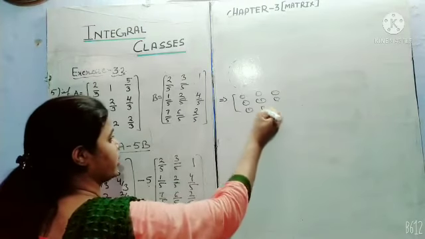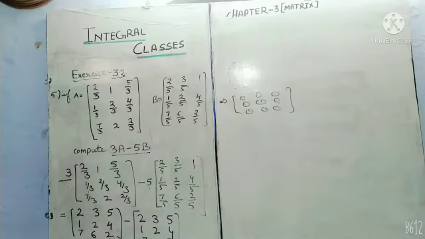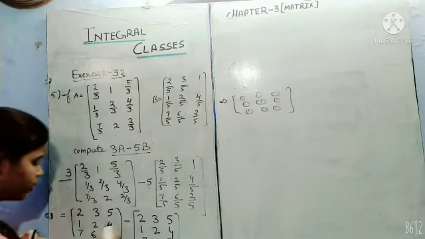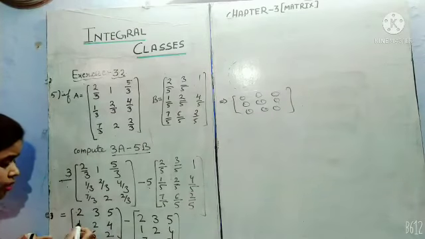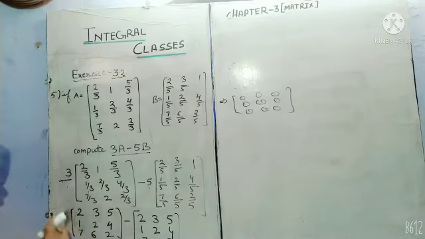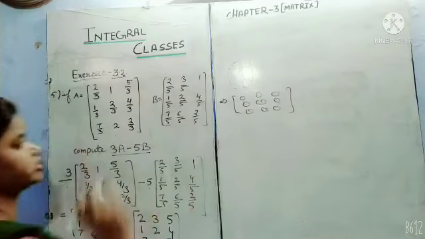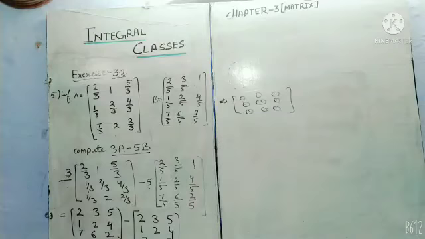It is a very easy question. All elements of these two matrices are the same, so if we subtract each corresponding element from the other, we get 0. So it is the answer of this question.